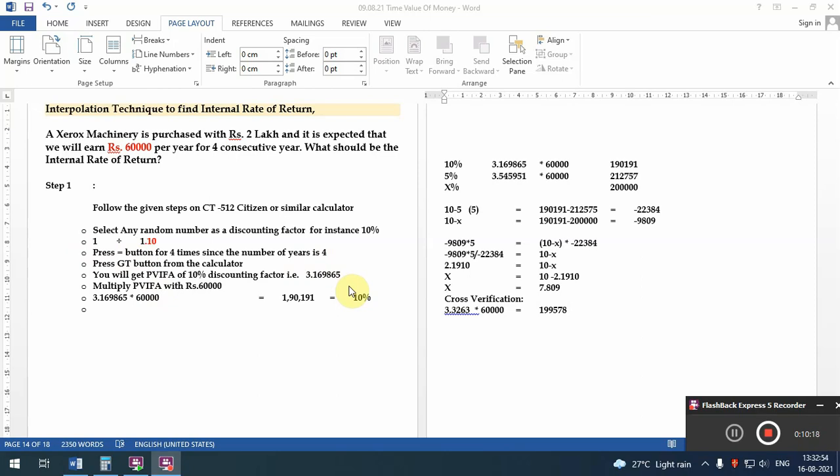Now here I have got a PVIFA of 3.3263, which I multiplied with 60,000. I will get an answer of 1,99,578. Now obviously there is a little difference between 2 lakh and 1,99,578, which is somewhere around 400. But I can ignore this.